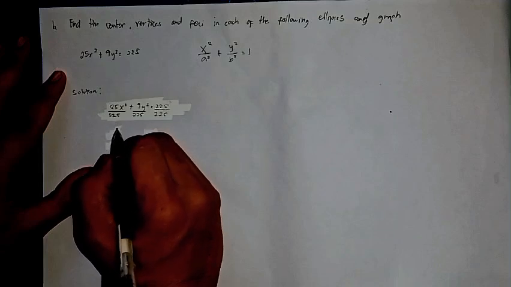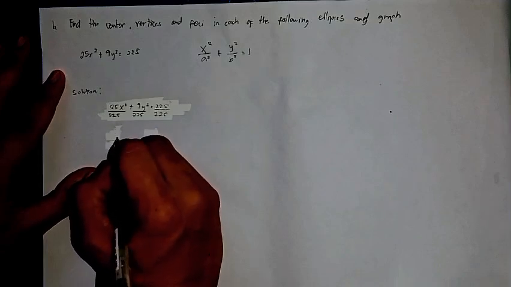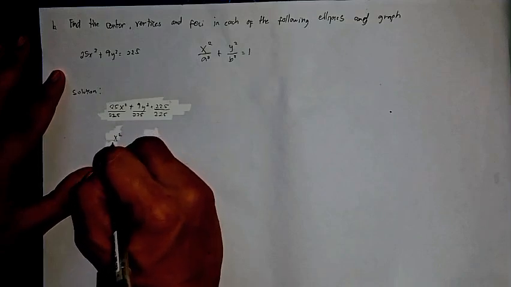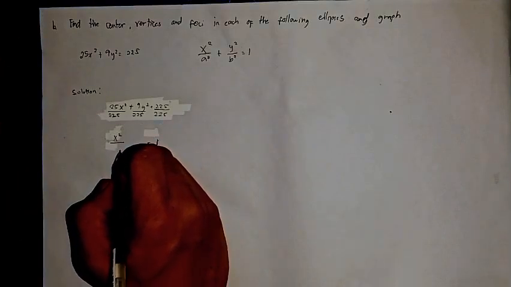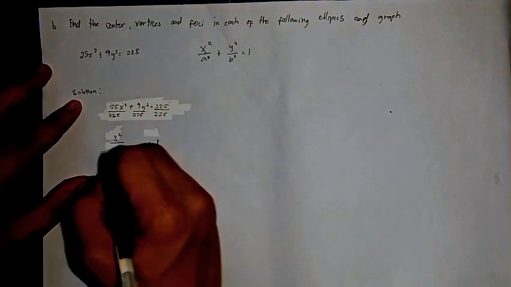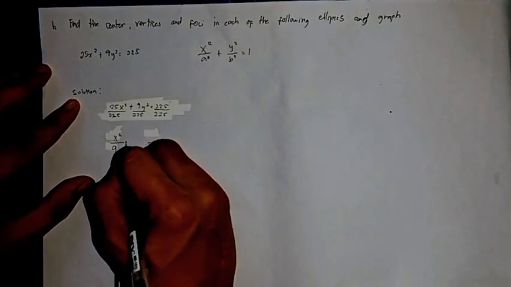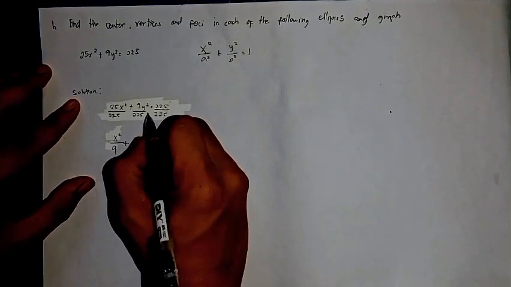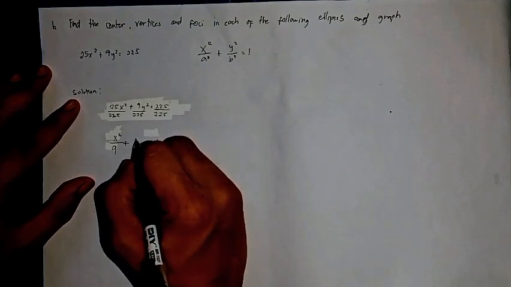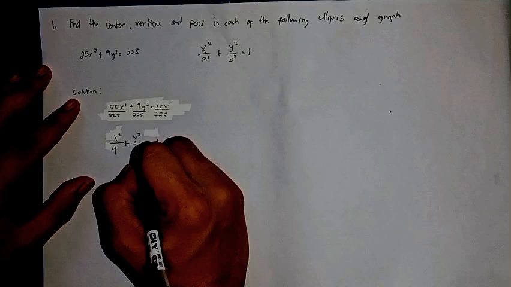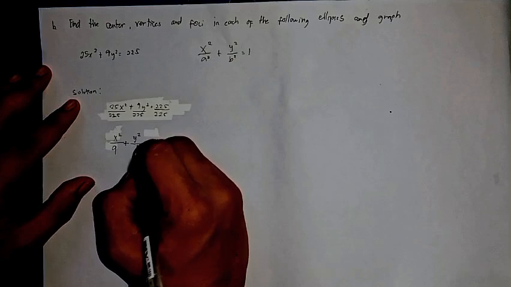And 25x squared divided by 225, we have x squared over 9. Plus 9y squared over 225, we have y squared over 25.